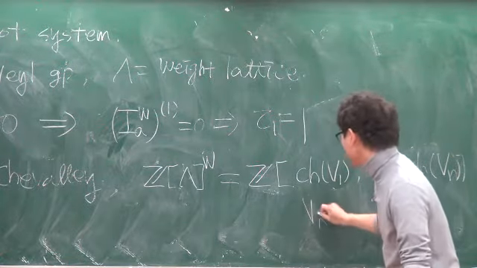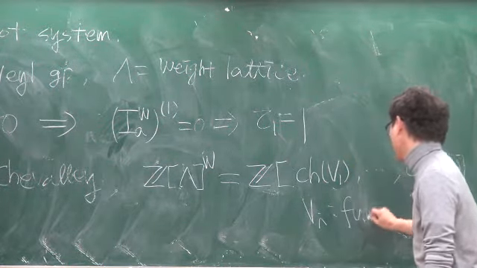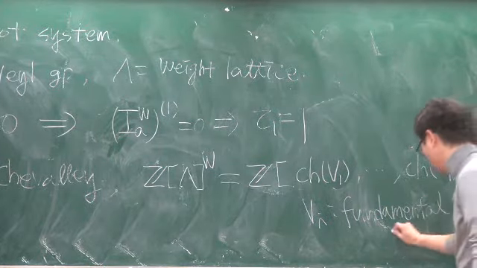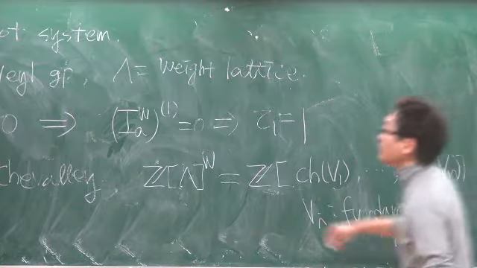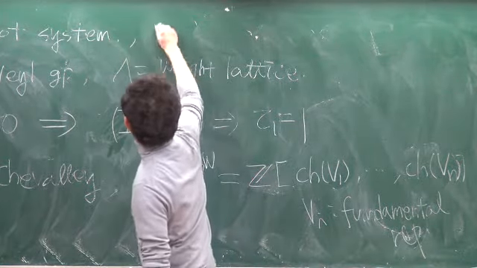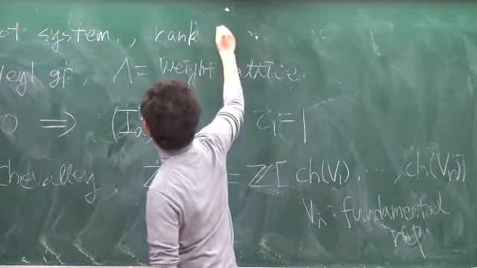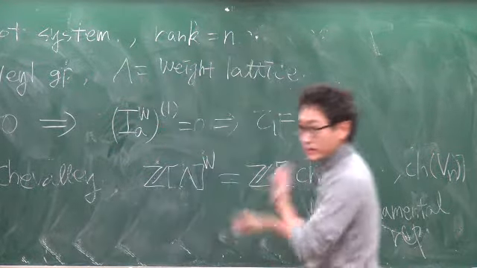Here V i is a fundamental representation, and we fix the rank of this root system to be n.